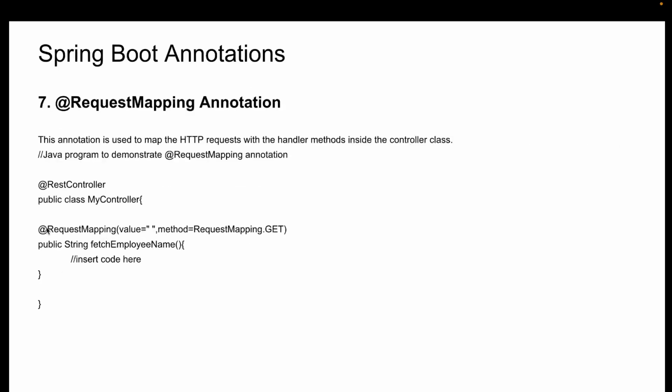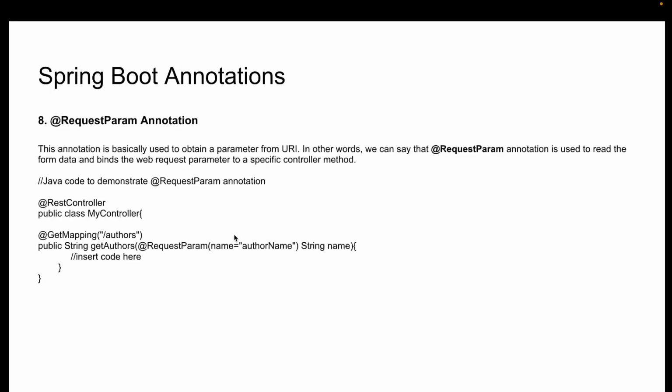We had seen how we were using RequestMapping in the previous slides, right? RequestMapping along with the method, specified like RequestMapping.GET. Now we are replacing this, and we are just using @GetMapping. These two are equivalent, and this is much cleaner than the RequestMapping annotation.